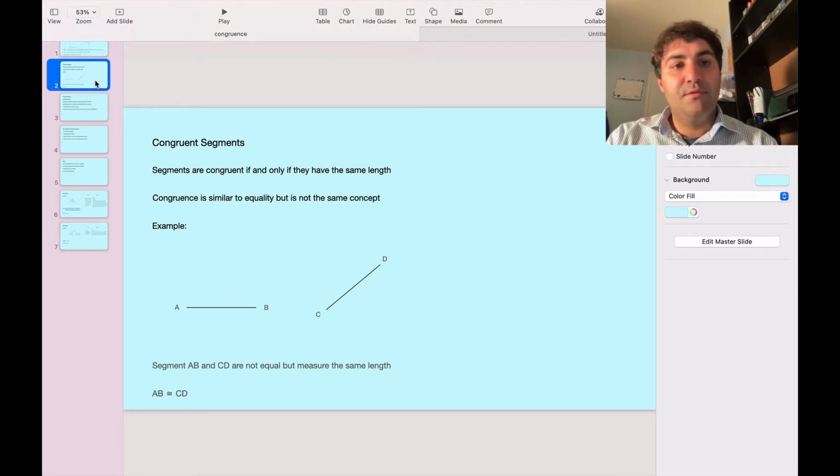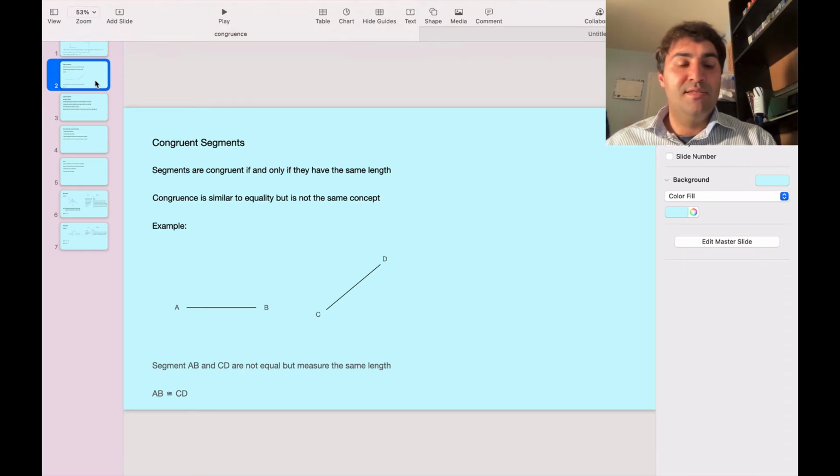So now let's go over the concept of a congruent segment. Congruent segments have the same length. It's very similar to what we did with angles, but we're measuring lengths instead of how big an angle is.